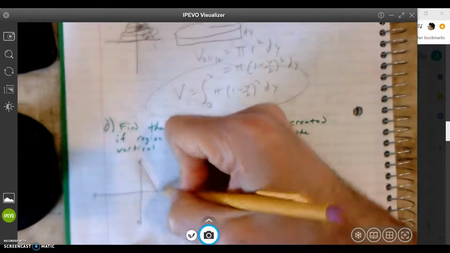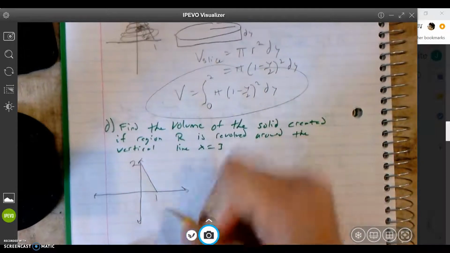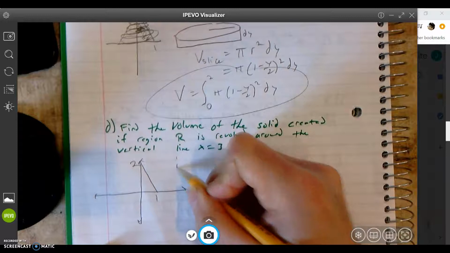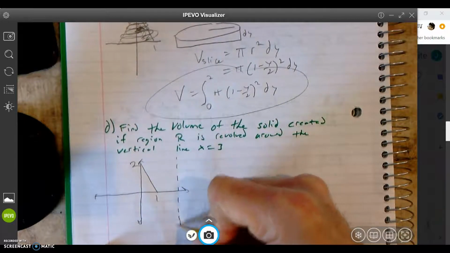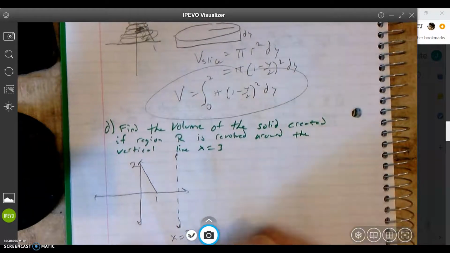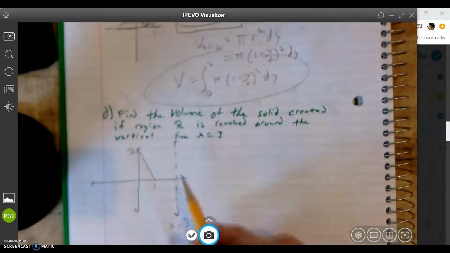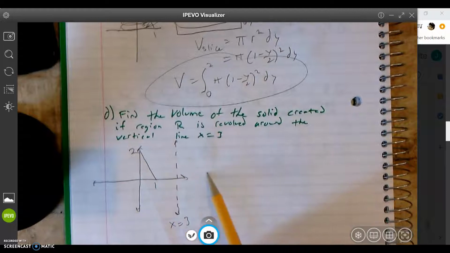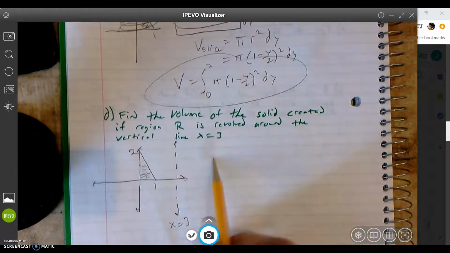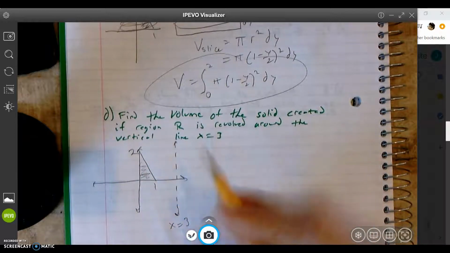So here we go. This is 2. This is 1. Vertical line x equals 3 would be here. Drawn dotted because that's going to be where I am going to reflect across. Okay, so make sure you draw a proper reflection. And so this is the area we're going to rotate. So it's going to go around here.